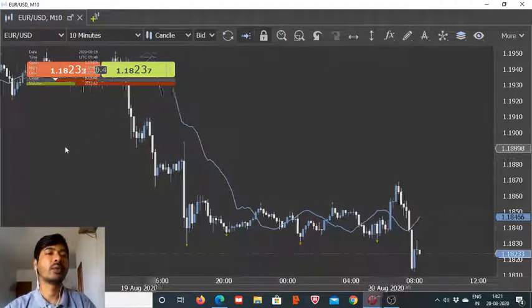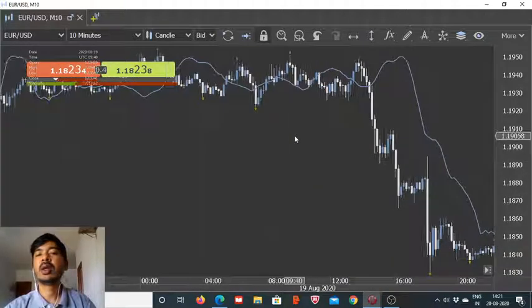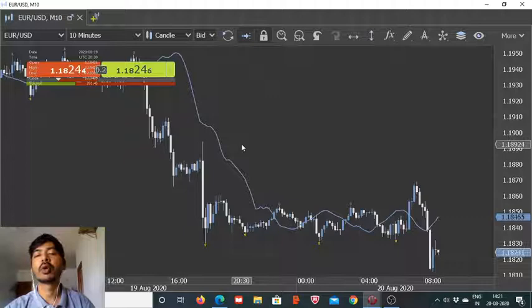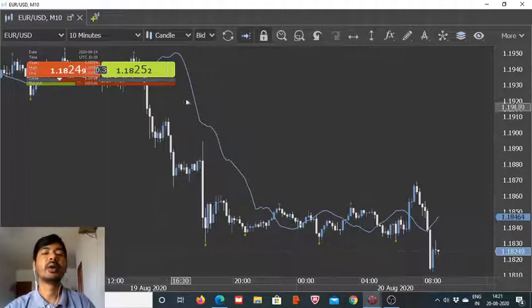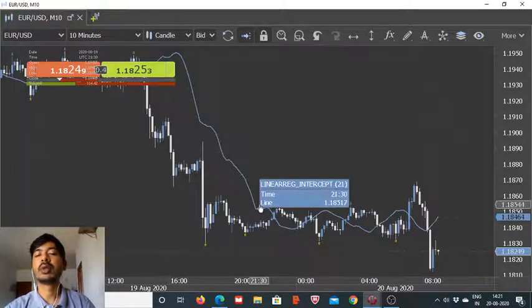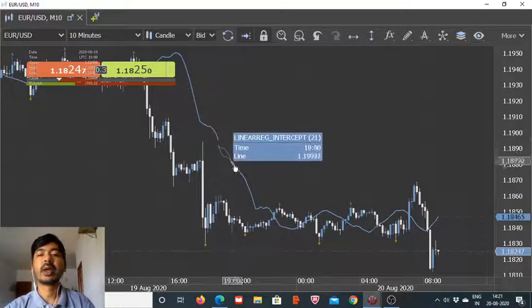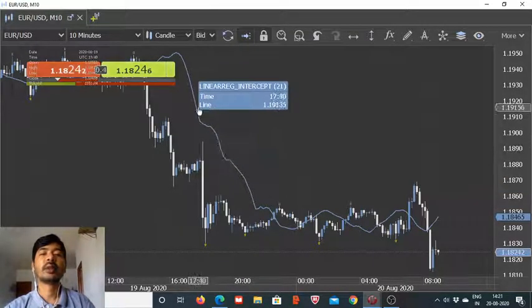So just like what we did in the moving averages sessions, here also we can use the crossover setup, and we can also continue to use this indicator on its own as a guiding light for the trend.